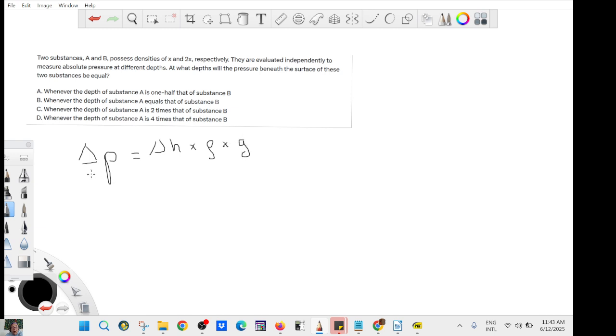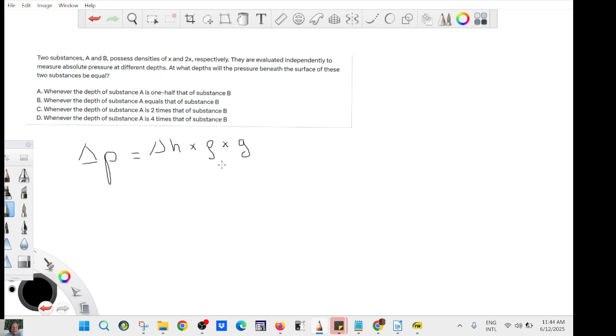This is also called the gauge pressure. They are talking about the pressure beneath the surface, so delta P. At the surface, maybe it's the atmospheric pressure.